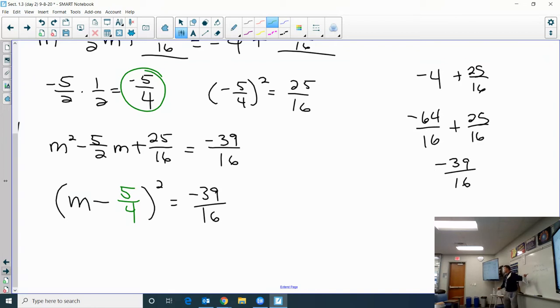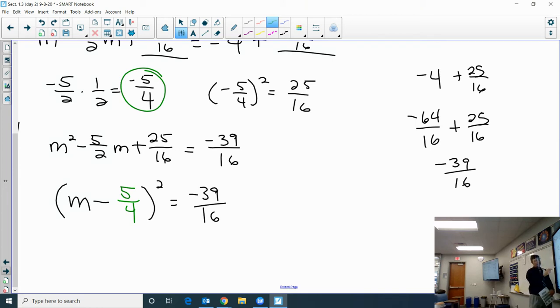What's negative 5/4 m minus 5/4 m? Remember how you add? You just add the numerators. It's 10/4, which is the same as 5/2. So it's not as hard as it looks, as long as you recognize that little tip. It's just going to be half of whatever you take the coefficient of.